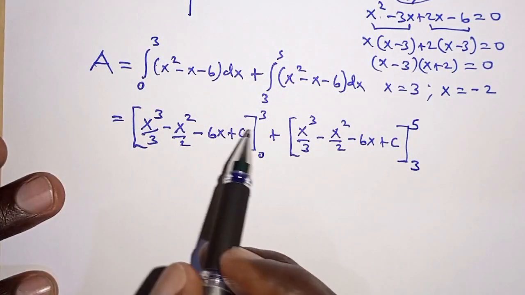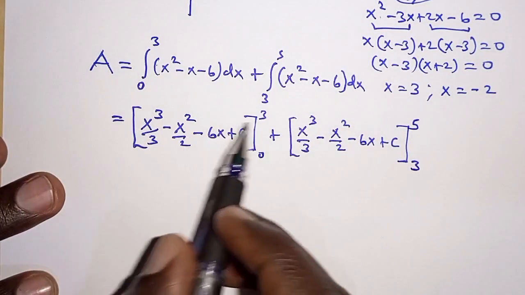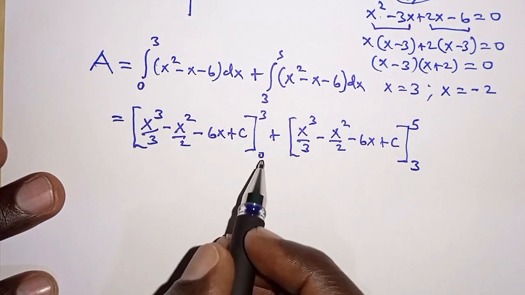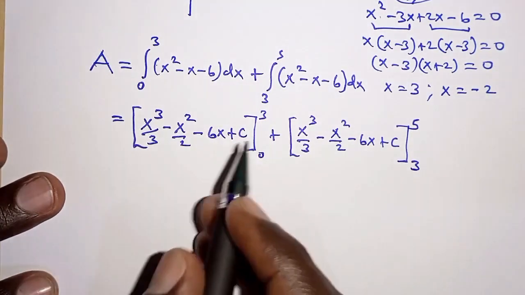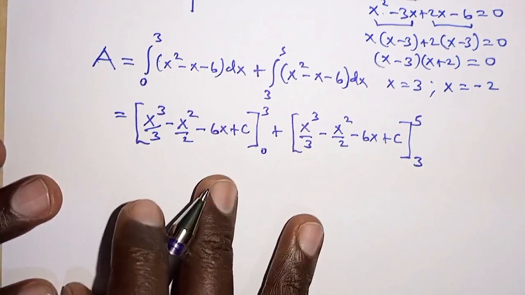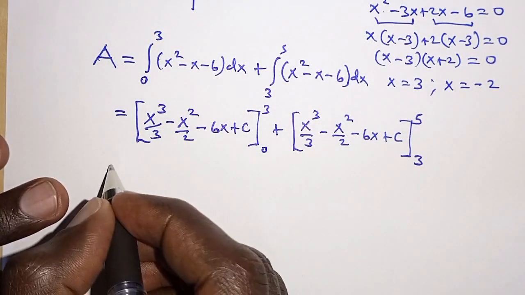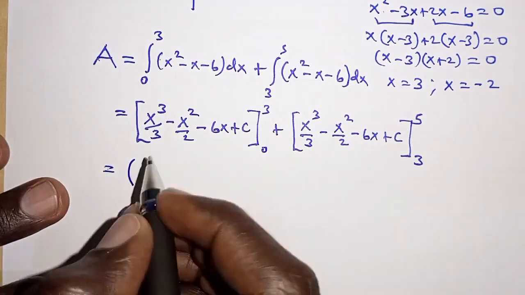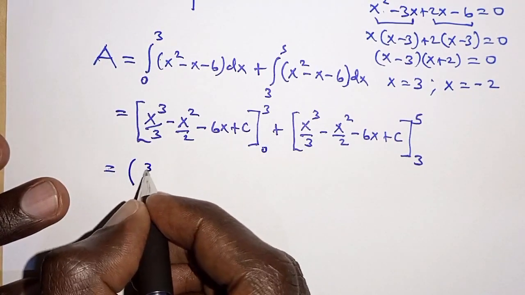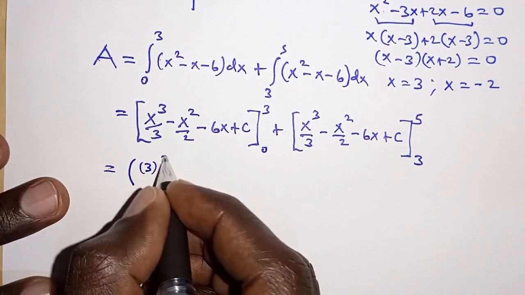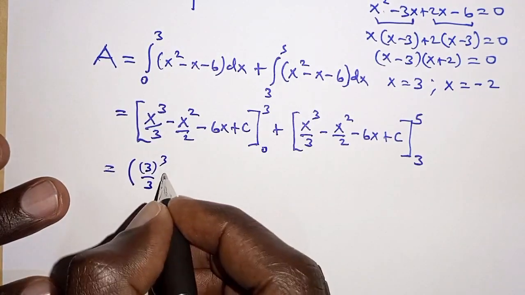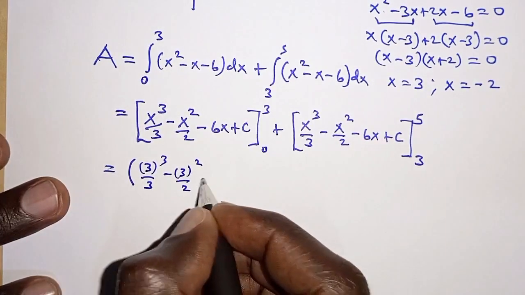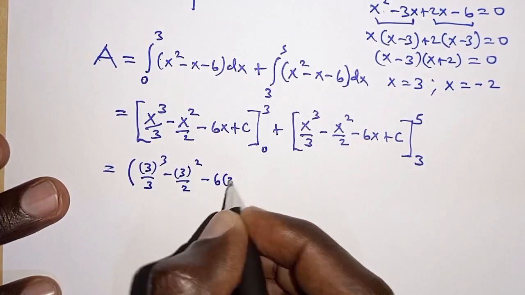Now we are going to work out the first bracket by substituting for 3 in the expression, and then 0, and then we get the difference. So we are going to have the first bracket. When we substitute 3, we have 3 cubed over 3 minus 3 squared over 2 minus 6 into 3.